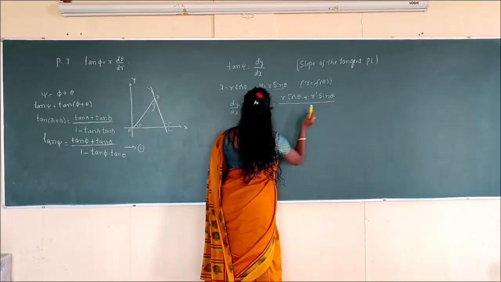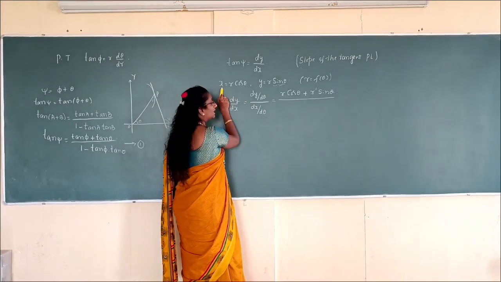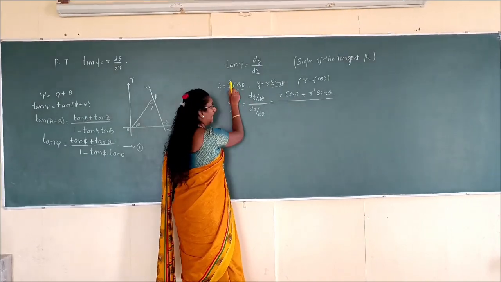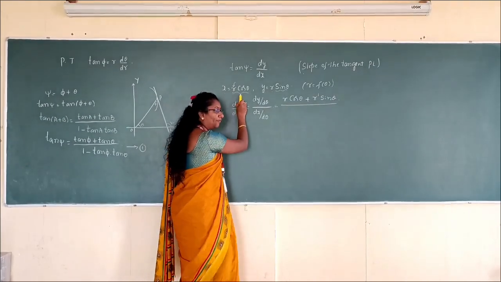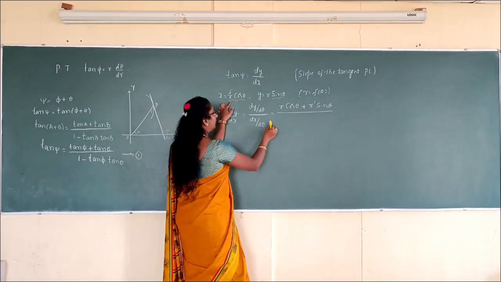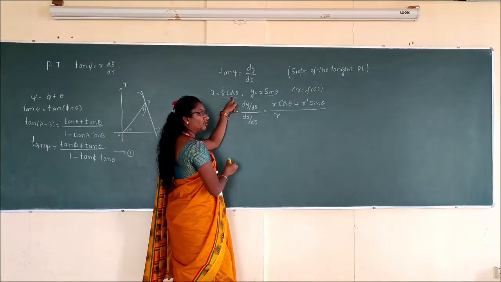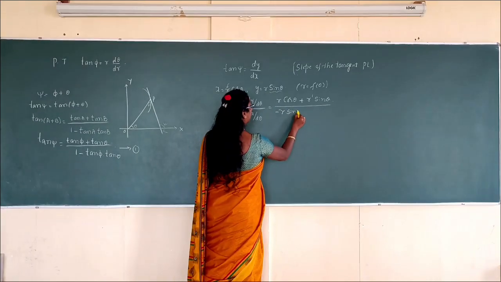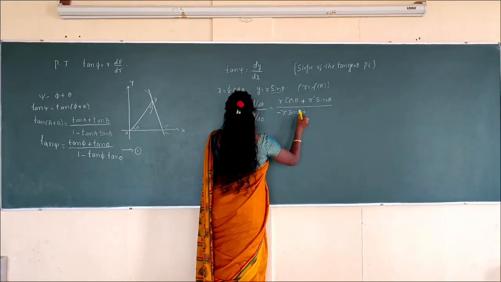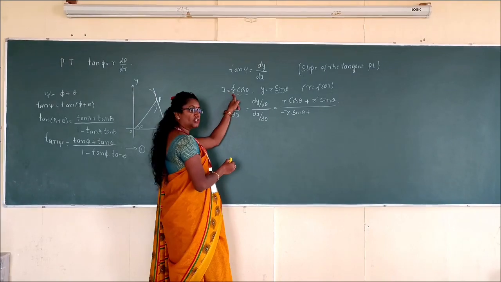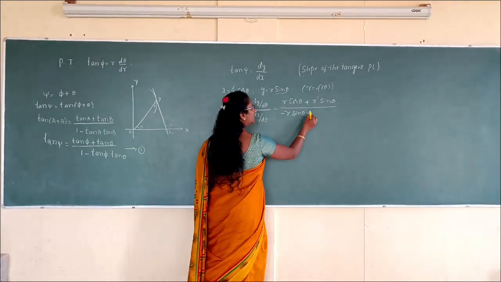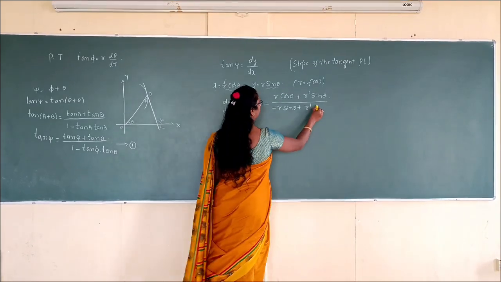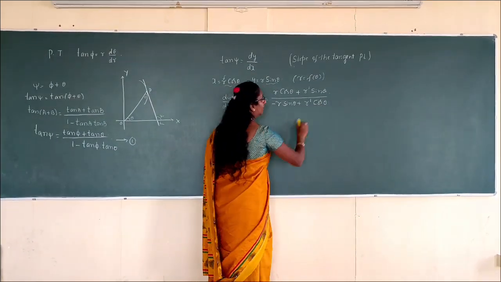So whole divided by, we have to differentiate x with respect to theta. Here r is also a function of theta, so therefore we adopt the product rule. First function, the differentiation of cos theta with respect to theta is minus sin theta, plus second function, the differentiation of r with respect to theta is dr by d theta, we denote it as r dash into cos theta.